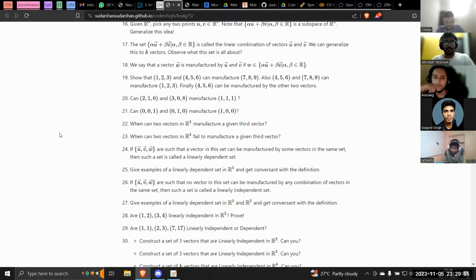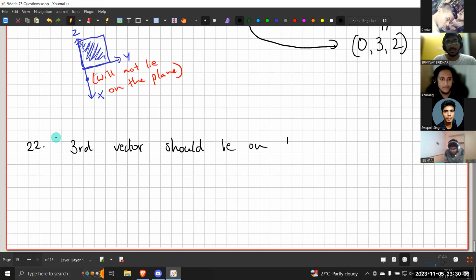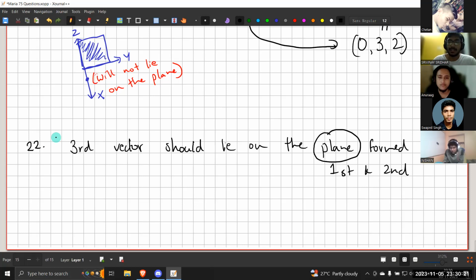Why do I say that? Let's see. You said that the third vector should lie on the plane formed by the first and second. But what if the first and second do not even form a plane? Can you give me an example of this? Very simple example: v1, v2, v3. Example for when it does not form a plane.